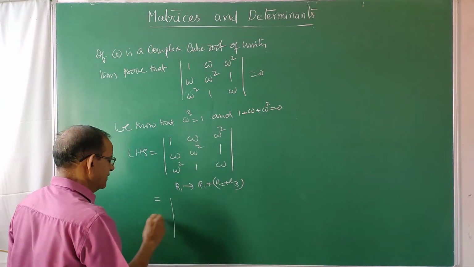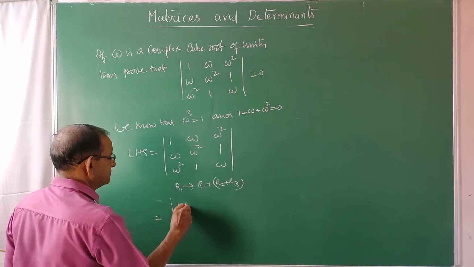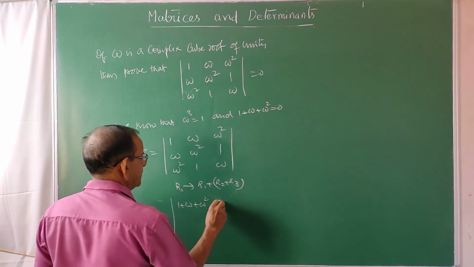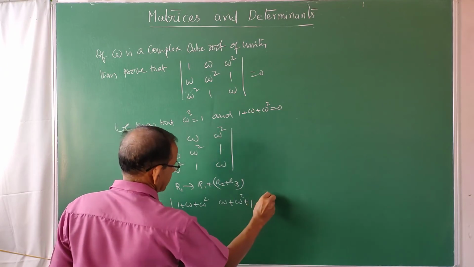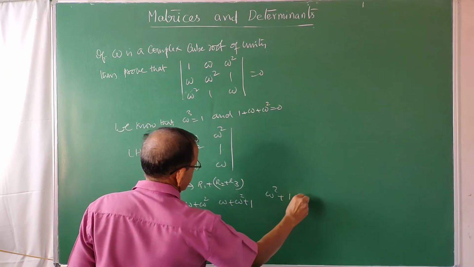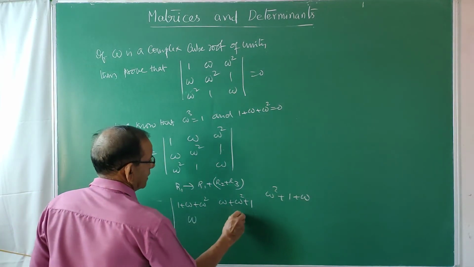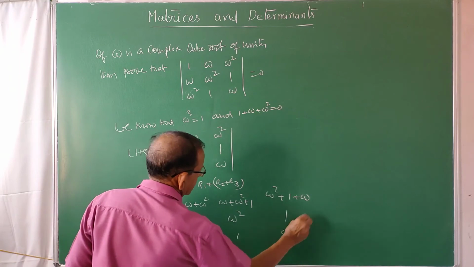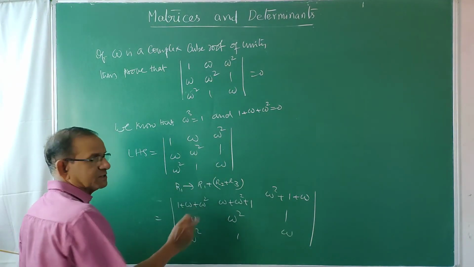Then you will get 1 plus omega square, omega plus omega square plus 1, omega square plus 1 plus omega. Second and third rows will be continued as usual, omega square, 1, omega. But according to this rule, 1 plus omega plus omega square is 0.